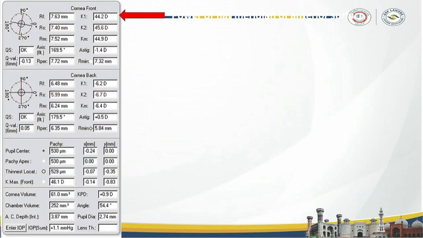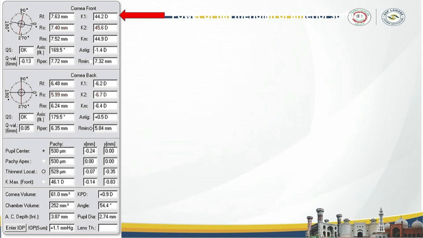So then we study the different values on the printout. These are the keratometric values. This is the K1 value, which is usually the flatter meridian, shown as a blue line on the axial curvature map, and the steeper meridian is shown as a red line.